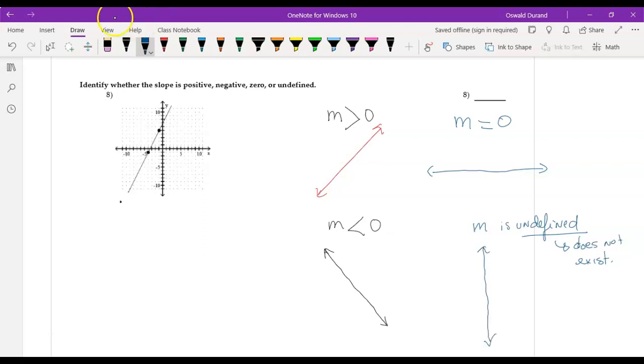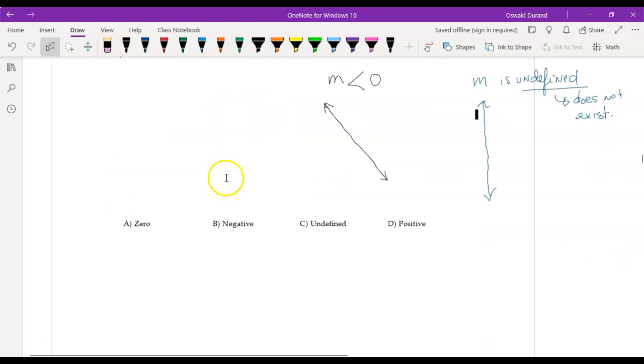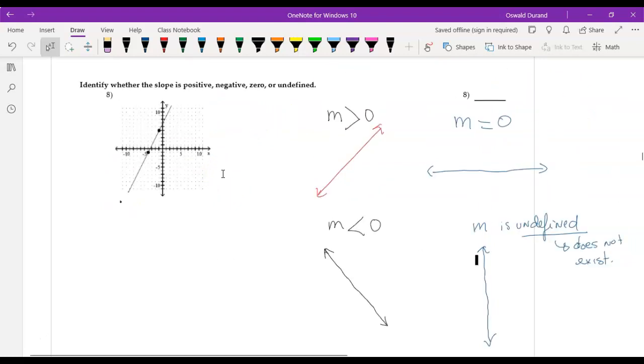So how we answer this one: it is an increasing function, or a positive slope. If it's positive, it's increasing. If it's negative, it's a decreasing line, and so on.